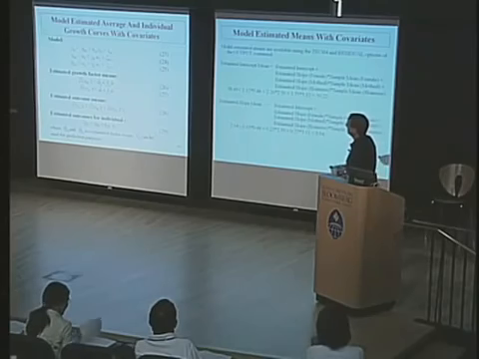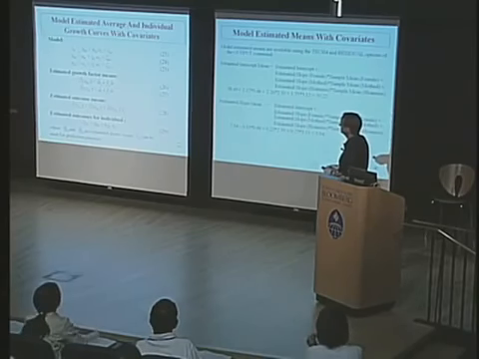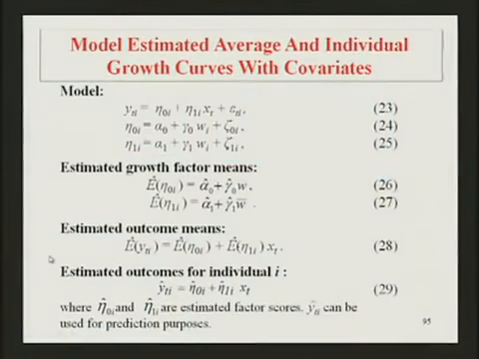Okay, the model on the left, you're familiar with it now. It looks so simple, so much easier than this morning. Y as dependent variable, eta 0, eta 1 as dependent variables. Estimated growth factor means is the intercept alpha 0 estimated plus gamma estimated times the sample mean of W. W with a bar over it is the mean of that variable.